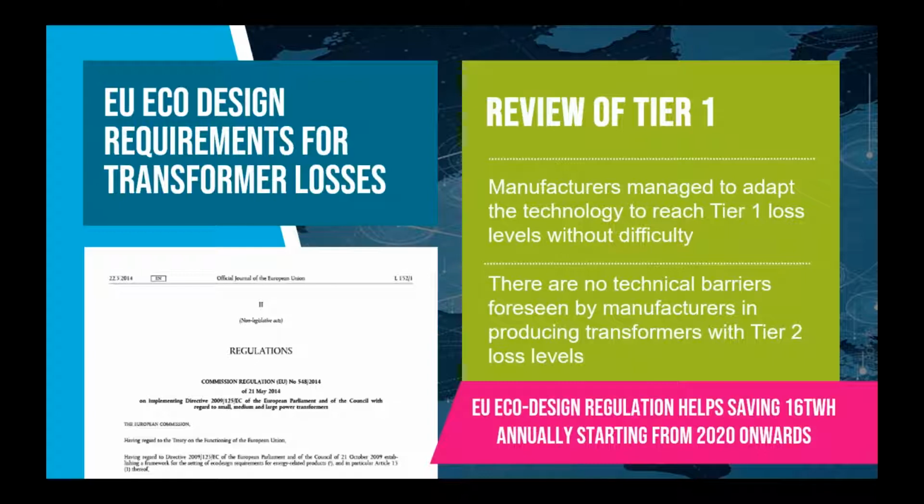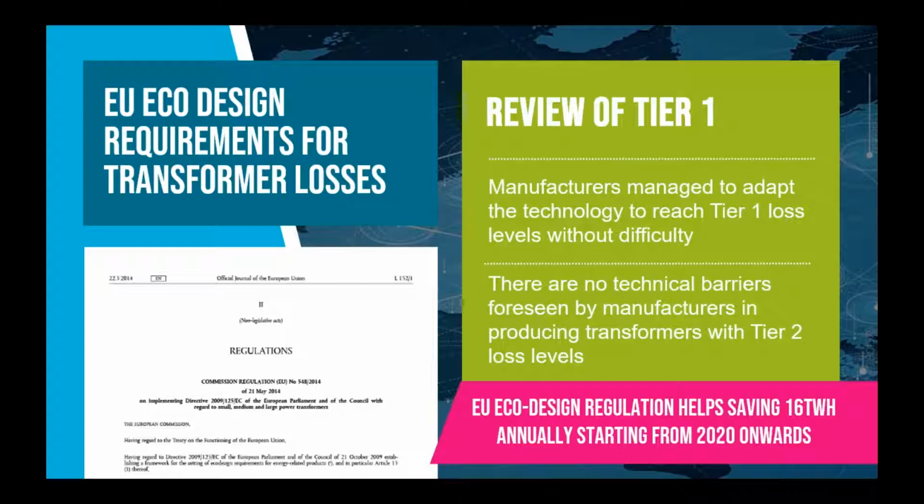So there was a review of the Tier 1 losses that came out more than 5 years ago. The European Union Commission thinks that manufacturers managed to adapt the technology to reach Tier 1 loss levels without difficulty. We can obviously confirm that.